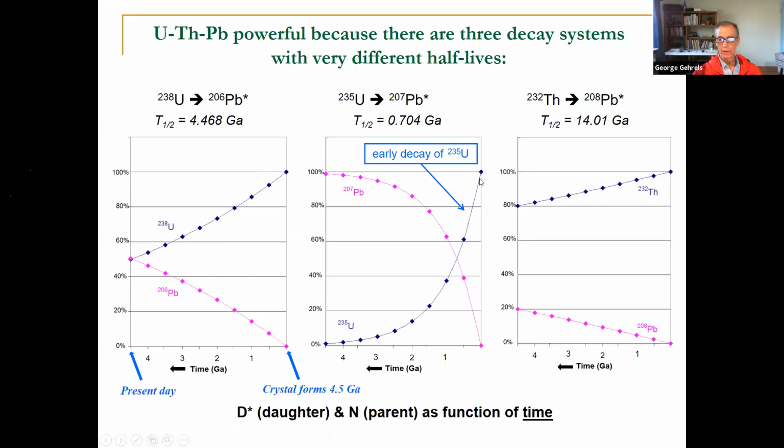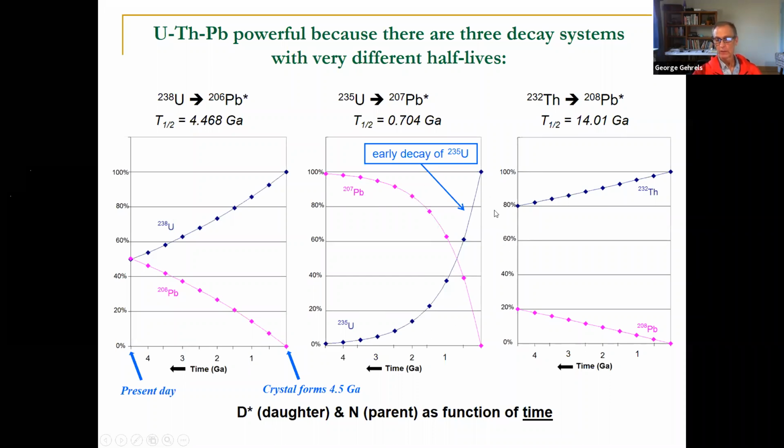And then this 235 decays rapidly, right? By the time you get to 704 million years, you're already at equal atoms, parent and daughter. And then it continues on, and there's just less and less parent and more daughter, but the rate of growth of that daughter is not so fast here, and the rate of decay of the parent is not so fast here. So this turns out to be really powerful.